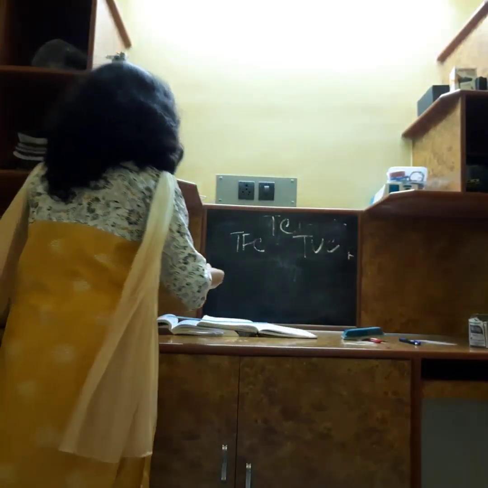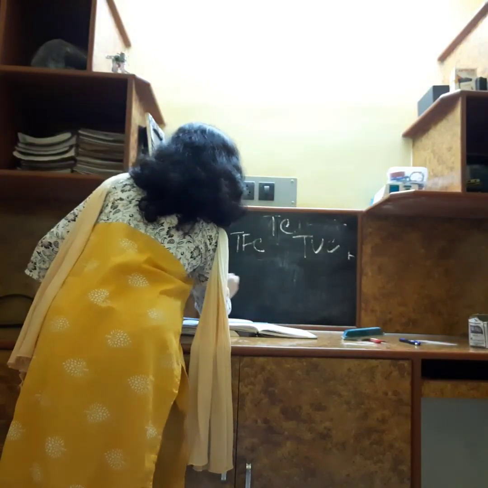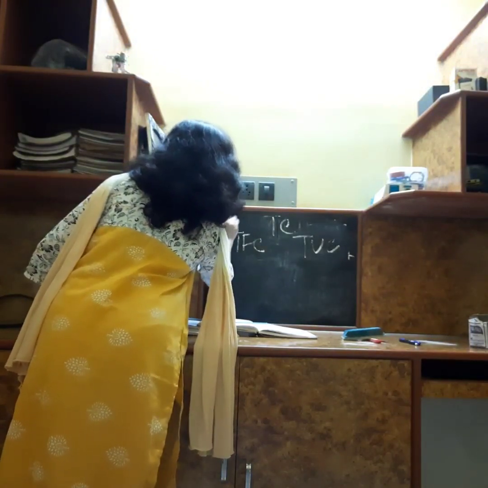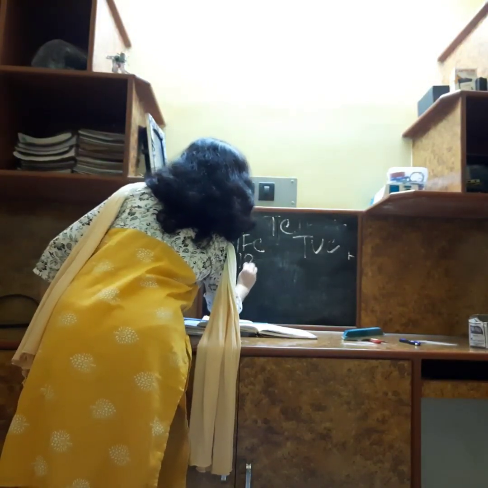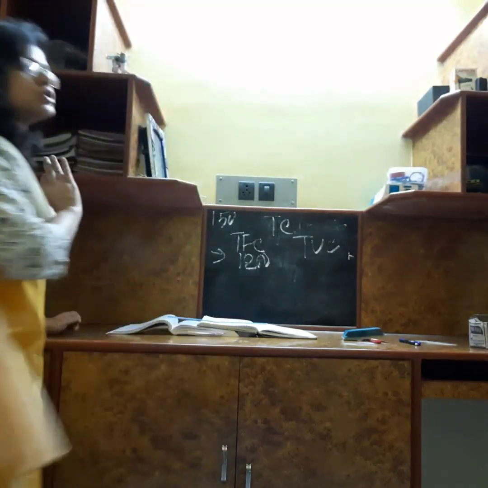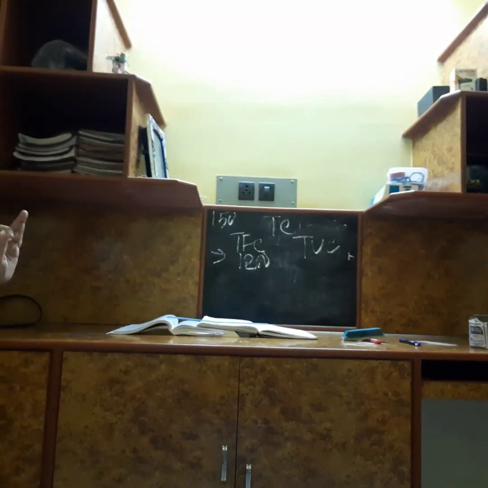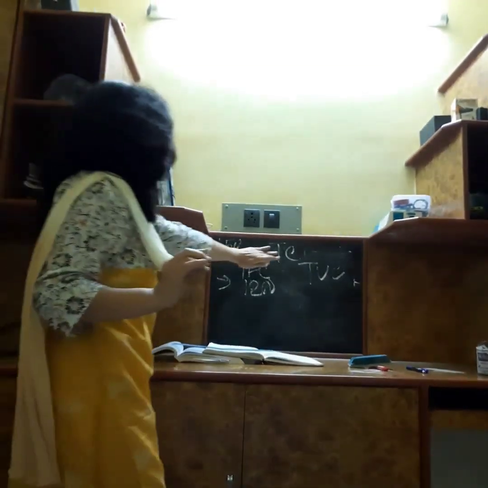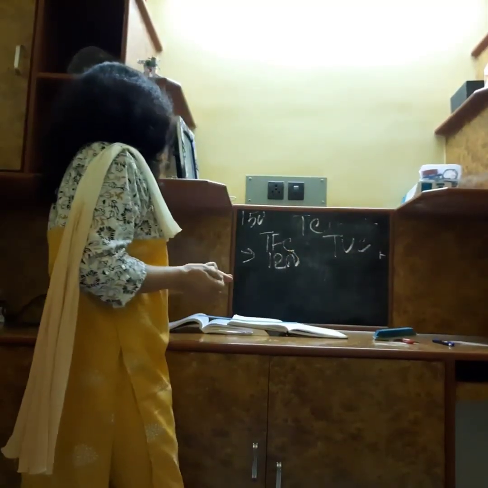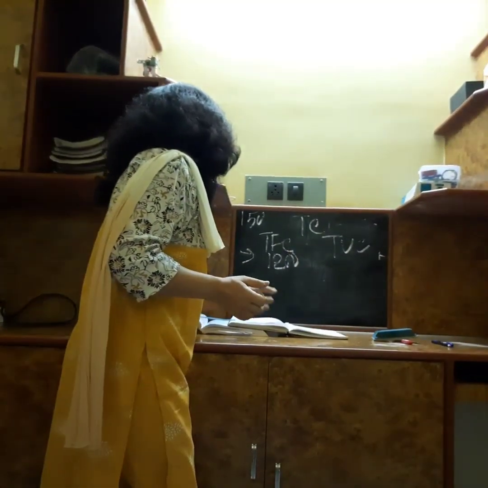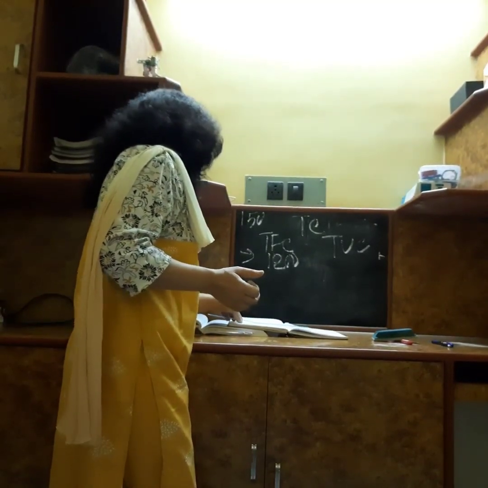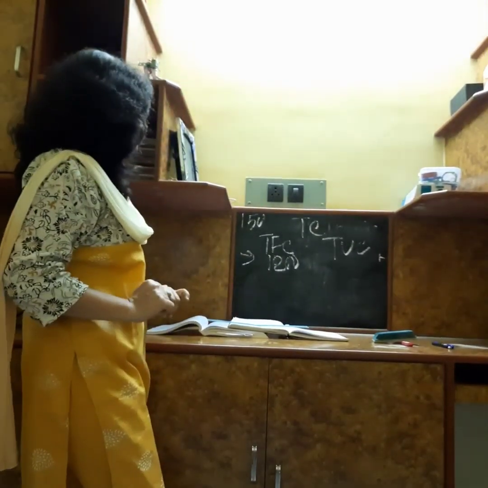Suppose the total TFC for producing 150 units of output is 1200. There is no alteration of this fixed cost. But TVC is totally dependent on the level of output or production.